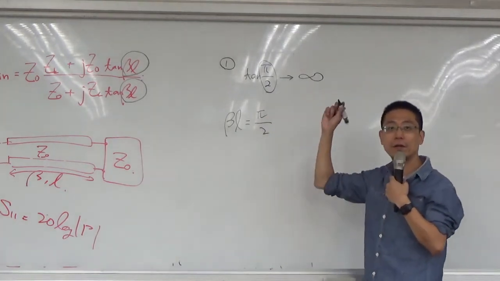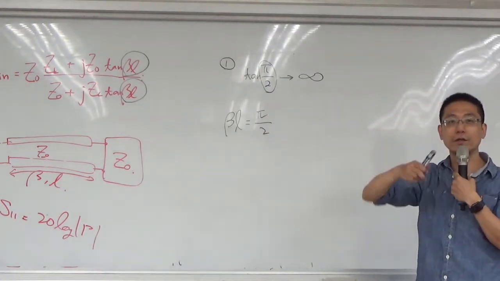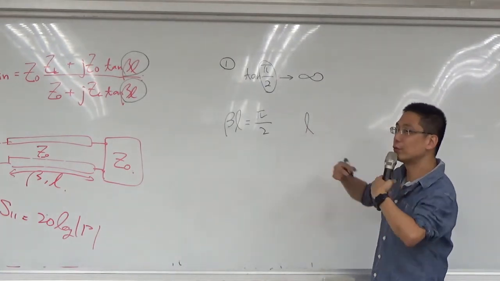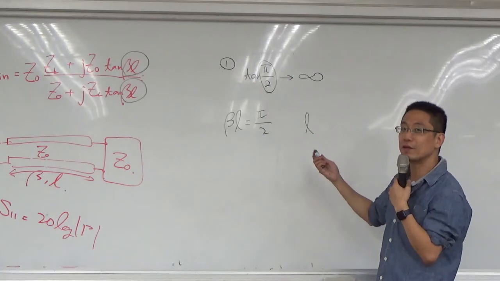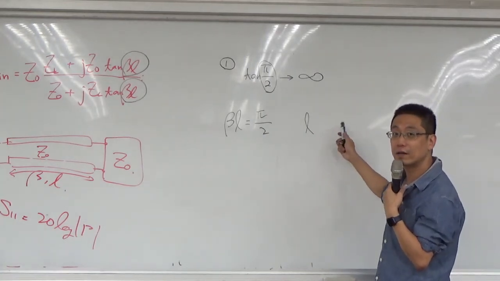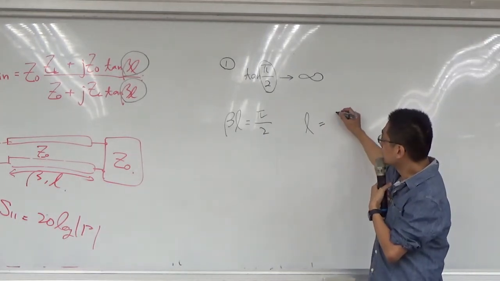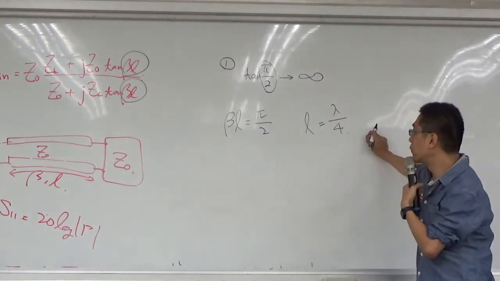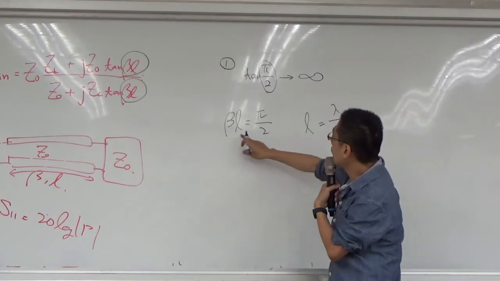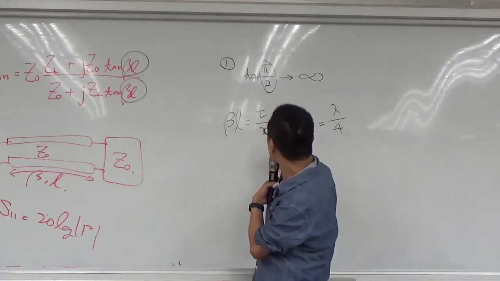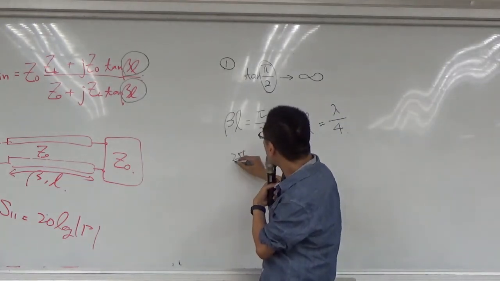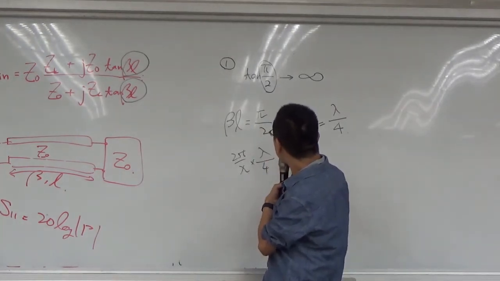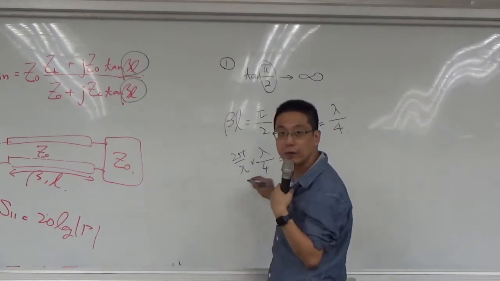What happened? Anyone? 2 points. Lambda over 4. You need to give me an equation. L equals lambda over 4, and beta is 2 pi over lambda times lambda over 4, which will equal pi over 2, right?